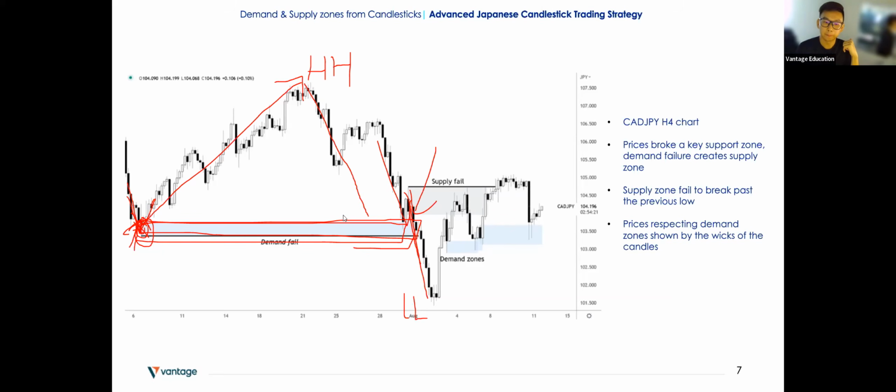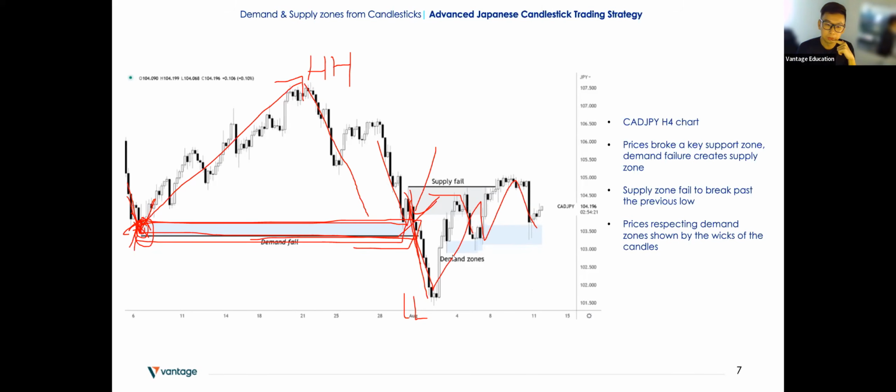And again, in a sideways moving market, we might be able to see such a phenomenon where demand failure leads to a supply failure, and then creation of a demand zone. And so price zigzags around this area, and you might be stopped out if you were to look for a swing in a range market.